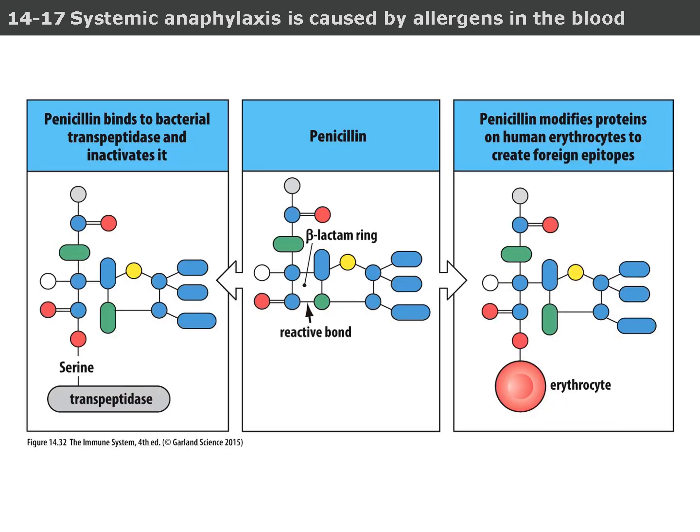Penicillin first binds to bacterial transpeptidase enzymes, inactivating them by forming a covalent bond through its beta-lactam ring. However, penicillin can also react with proteins on human erythrocytes using the same reactive beta-lactam bond. This chemical modification creates new, foreign epitopes on the surface of erythrocytes.